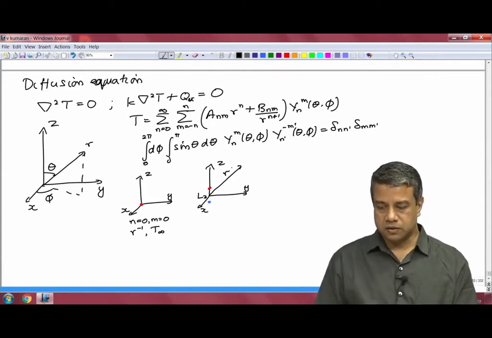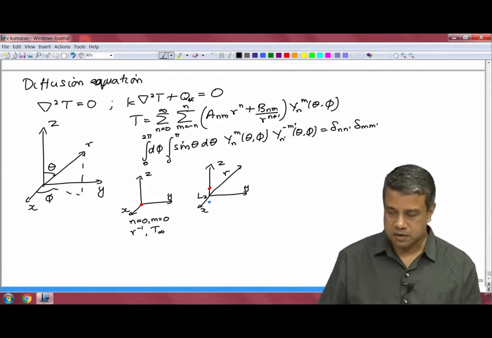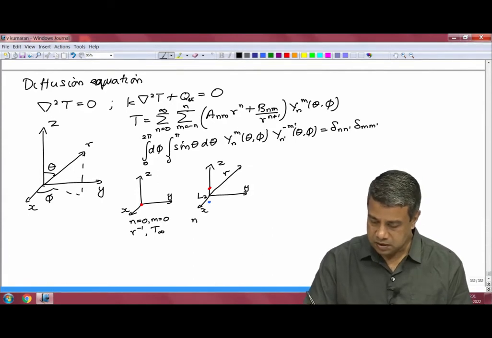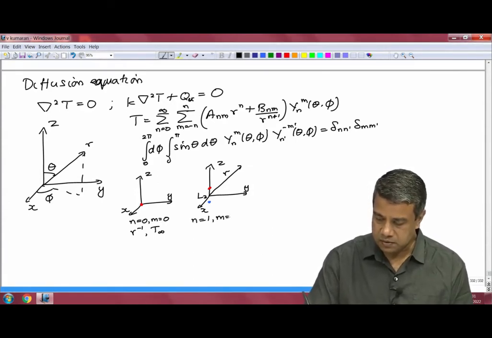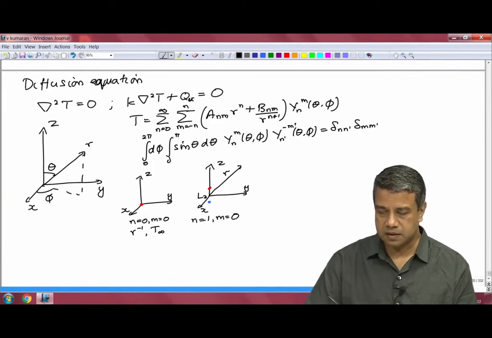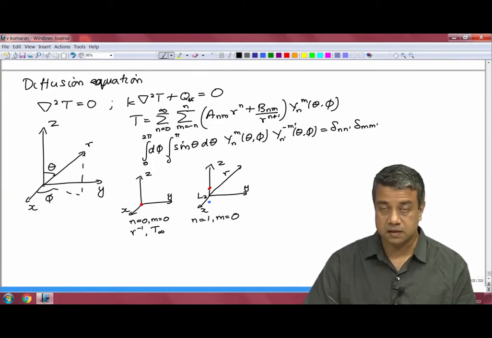The solutions that you get are dipole solutions with n equal to 1, m equal to 0 when the separation is along the z axis.